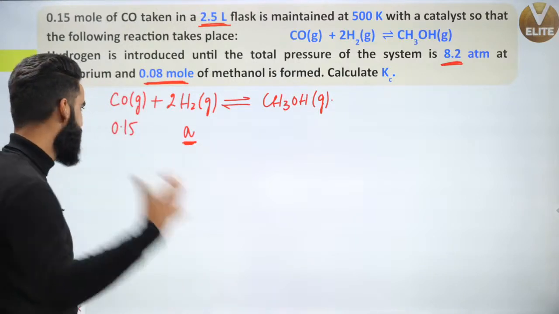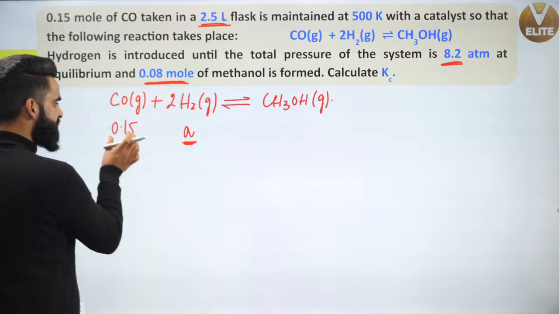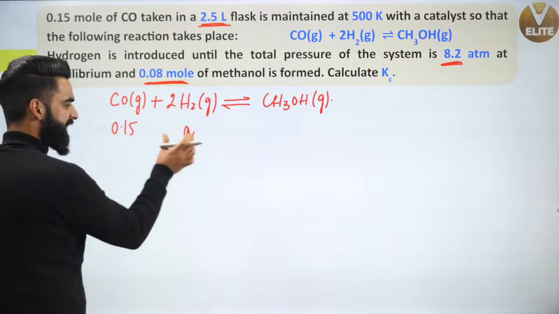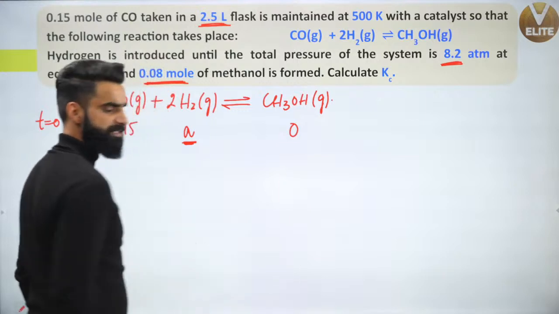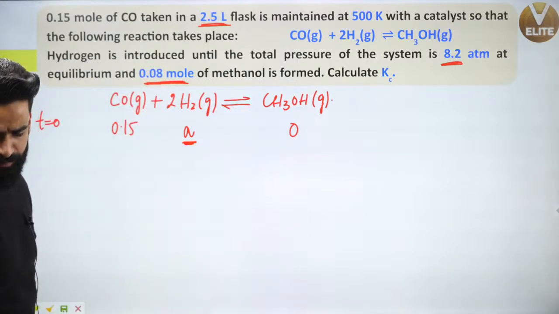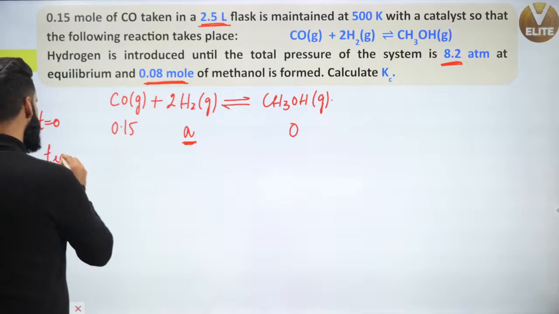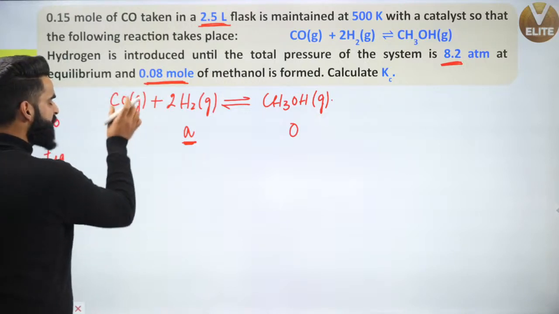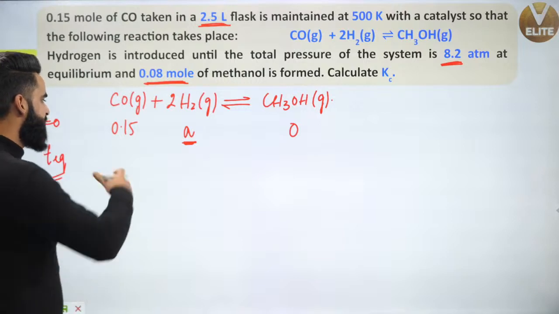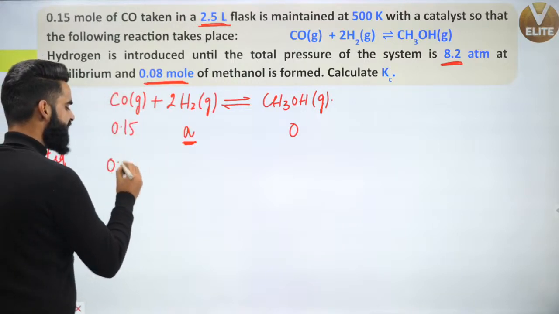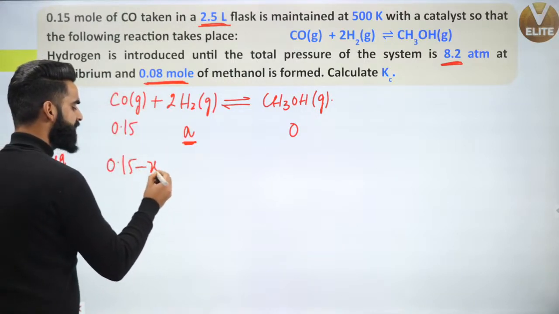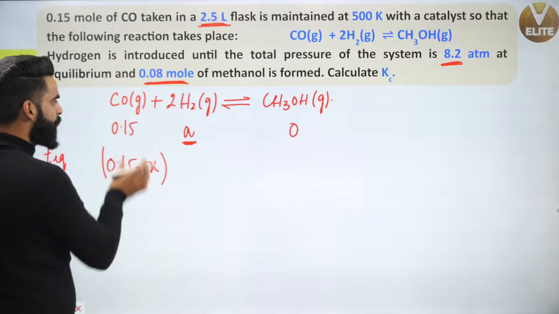Now, at time t equal to 0, I have 0.15 moles of this, A moles of this, and 0 moles of this. Understand properly what I'm going to do. Let's assume at equilibrium, out of 0.15 moles of carbon monoxide, X moles have reacted. I will be left with 0.15 minus X moles of carbon monoxide.